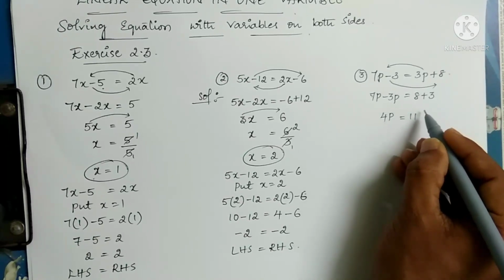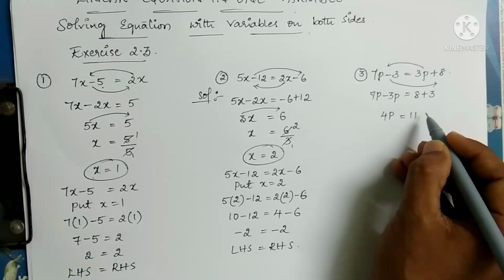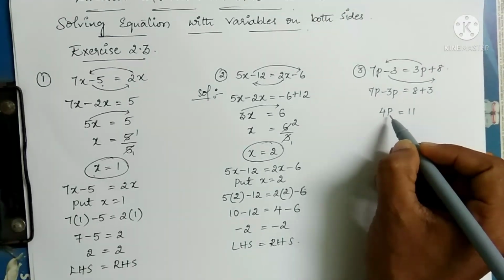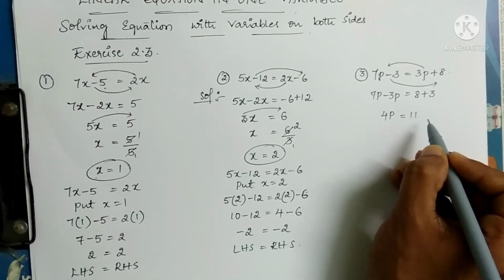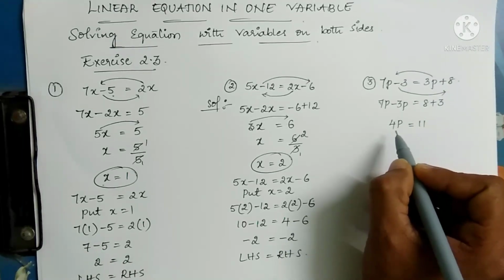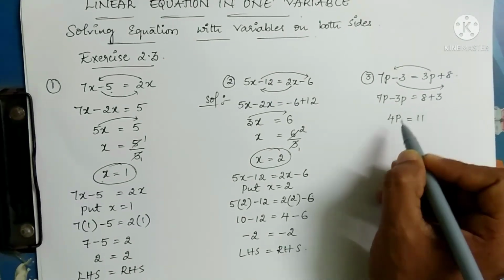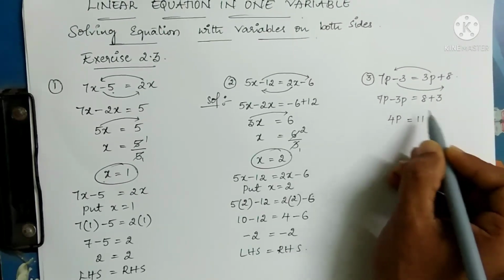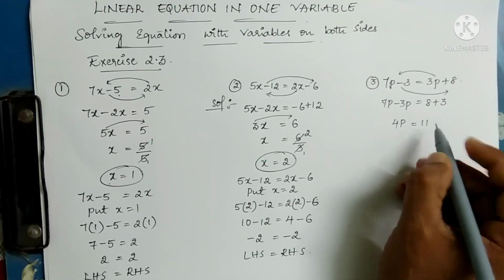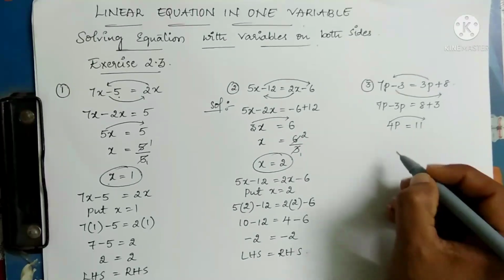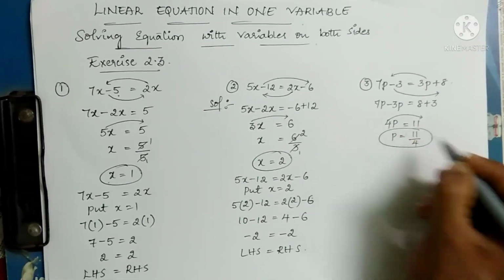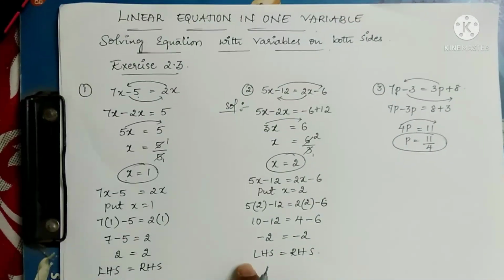If I transpose multiplication to RHS, it becomes a division, because we have to find the value of p. All the constants should be on RHS. So 4 is a constant number, so we transpose this 4 to RHS, and it becomes a division. Means p is equal to 11 divided by 4. So the value of p is 11 by 4.